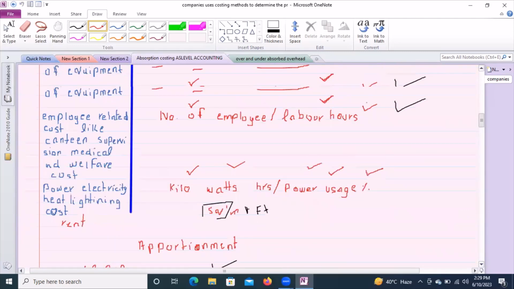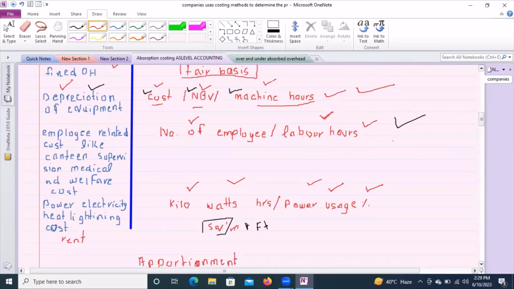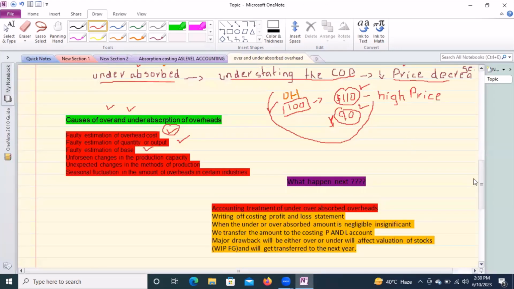Because all these bases are actually forecasted, if your basis is wrong, you will face these problems: over and under absorption of overheads.